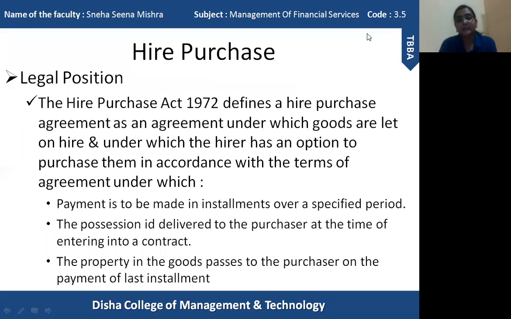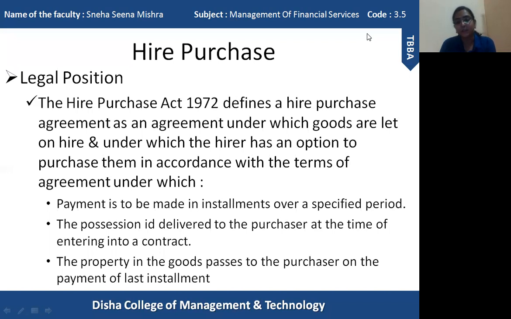Now I am going to explain the legal position of hire purchase agreement. Now the Hire Purchase Act 1972 defines a hire purchase agreement as an agreement under which goods are let on hire. Means goods are given on a rent basis. Clear? And under which the hirer has an option to purchase them in accordance with the terms of the agreement.